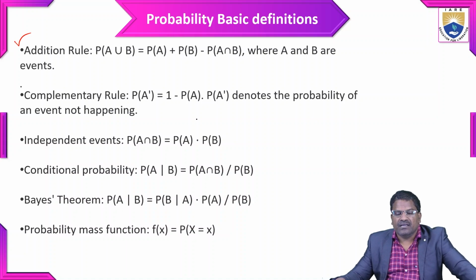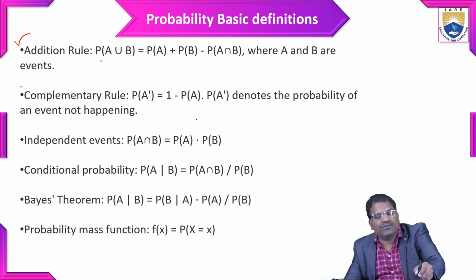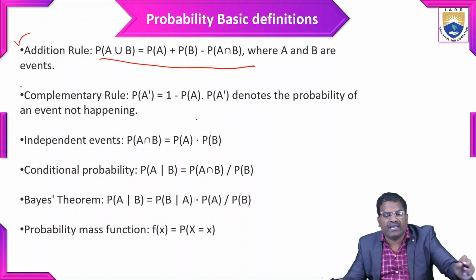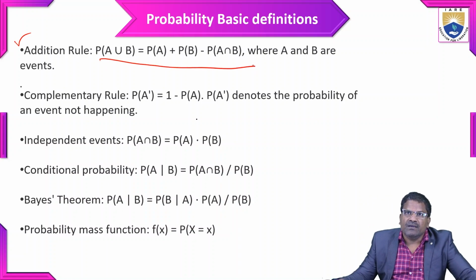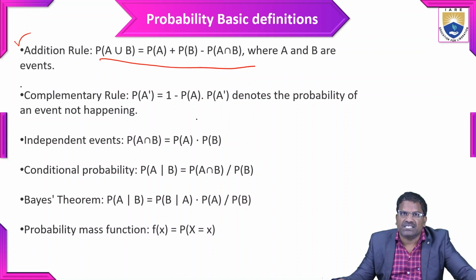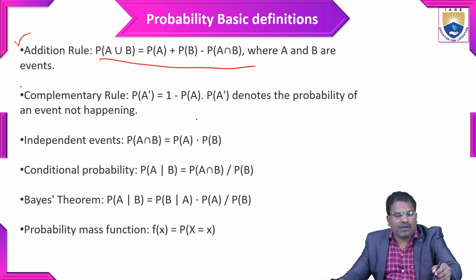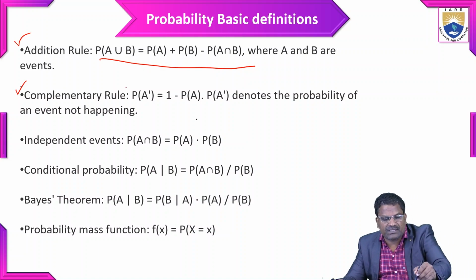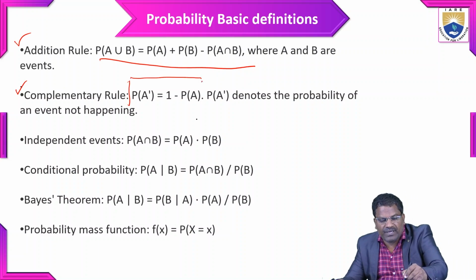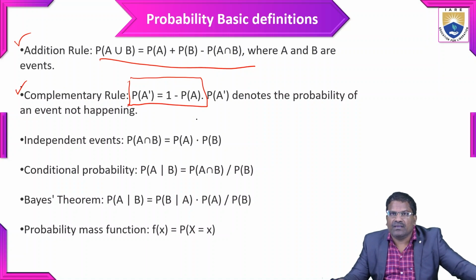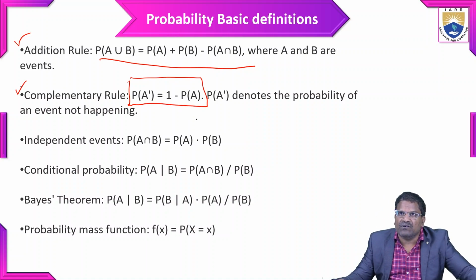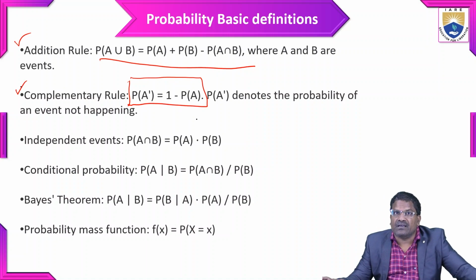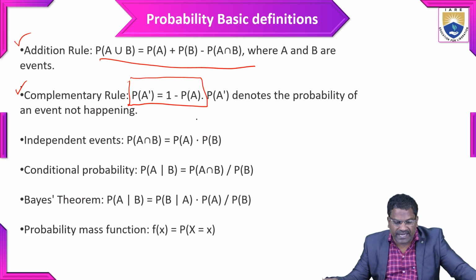This is called the addition rule. Now let us see the complementary rule. P of A dash is equal to 1 minus P of A. P of A dash denotes the probability of an event not happening.